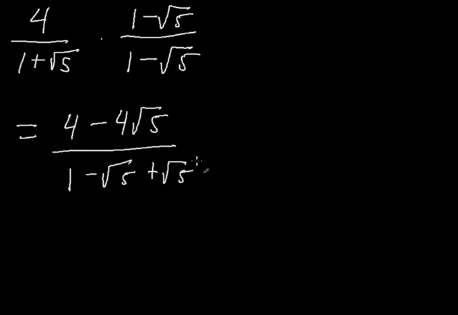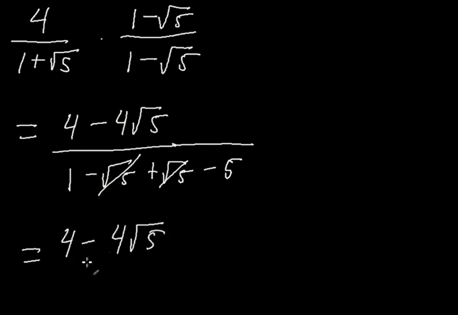Root 5 times negative root 5 would be negative 5, right? Because it's times itself, so the square root goes away. You'll notice that these are equal and opposite, so they cancel. And now we're left with 4 minus 4 root 5 over 1 minus 5. Okay, we're almost done. And what's 1 minus 5 but negative 4?